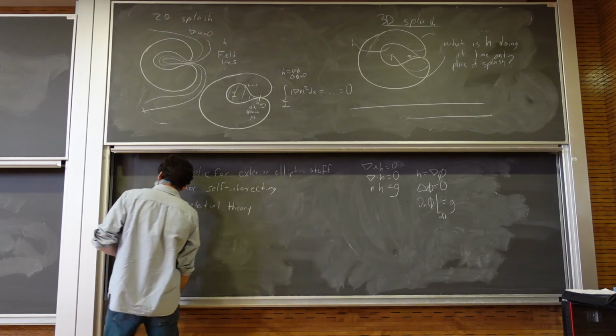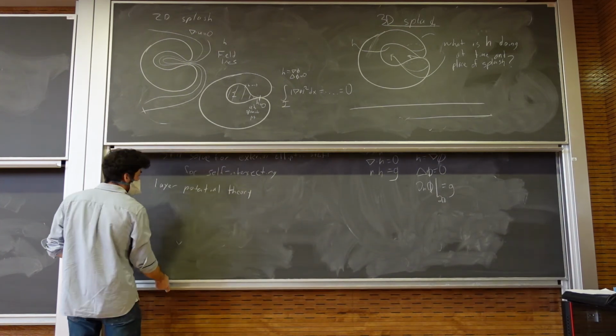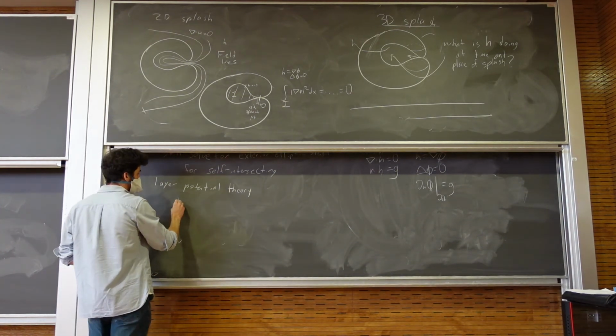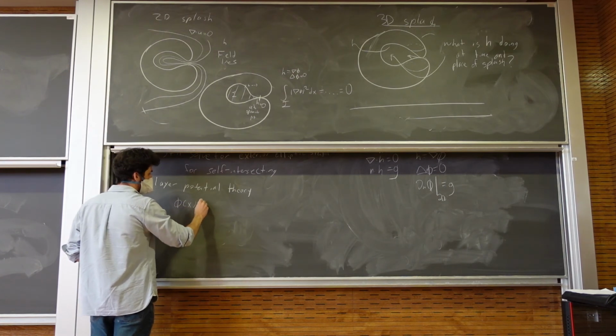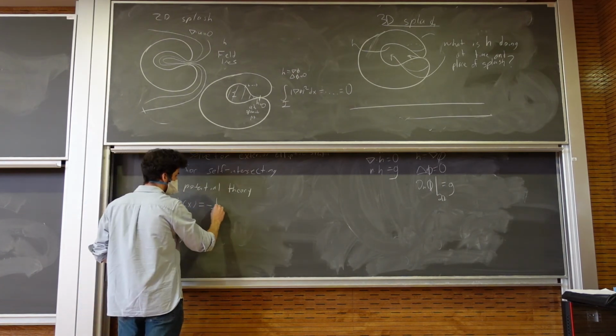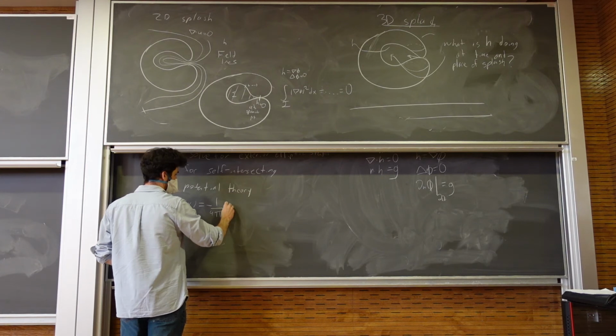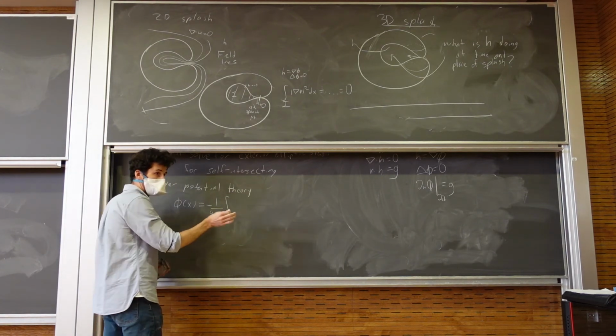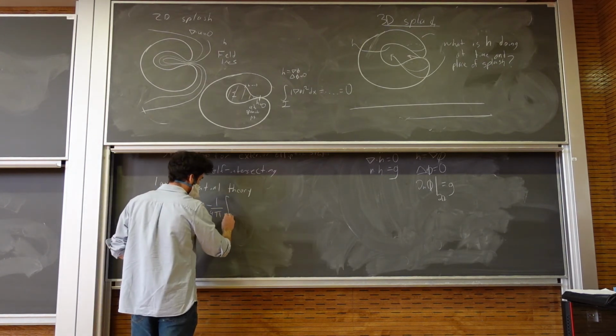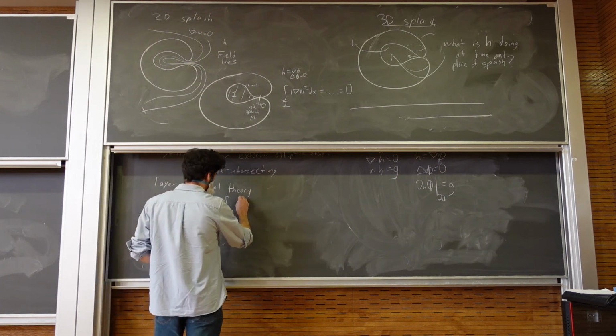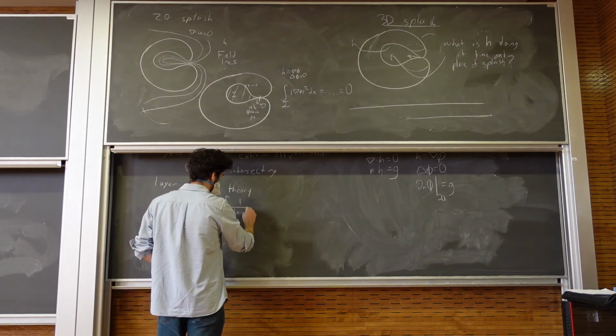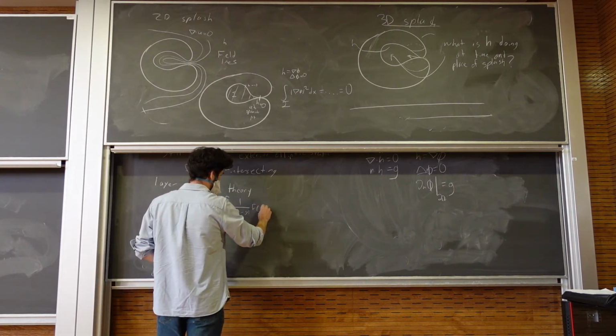And the standard idea from layer potential theory is that you can write phi as the single layer potential of something. So I have the integral over the surface, omega, of 1 over x minus y, f of y, d sigma of y.